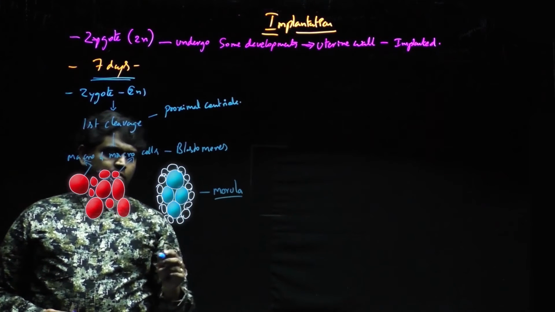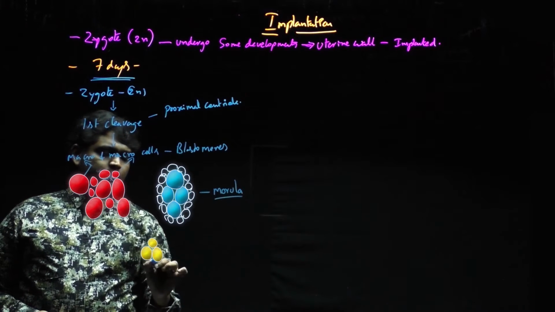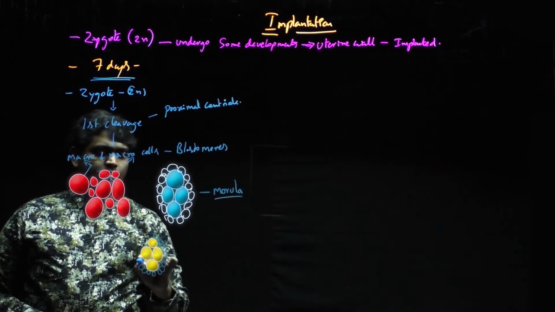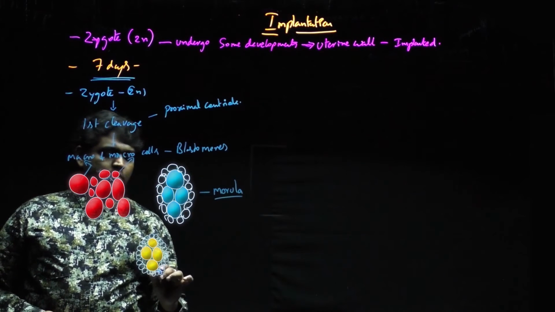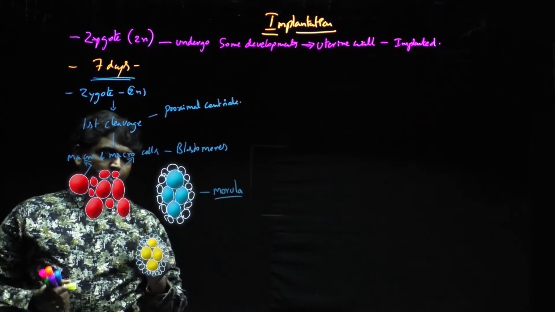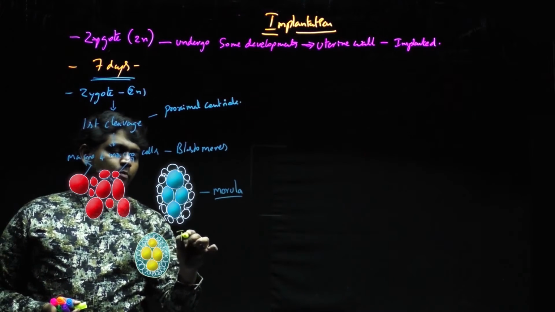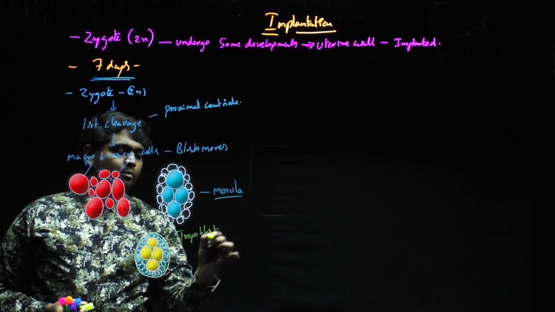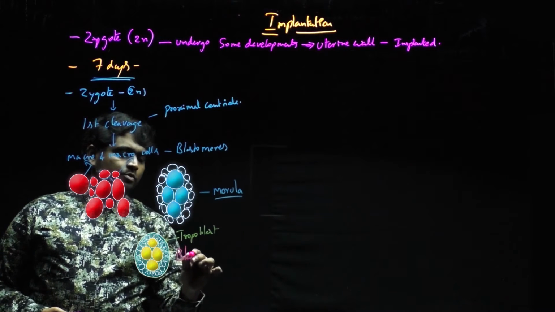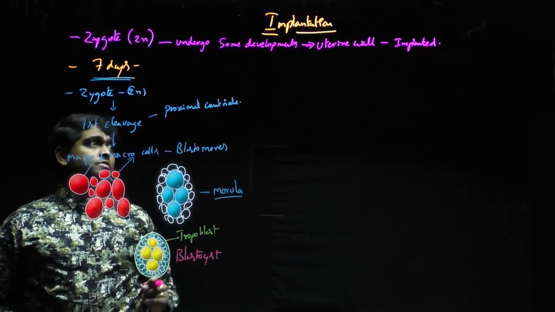This is covered with an outer layer called the trophoblast, and now it is called the blastocyst.